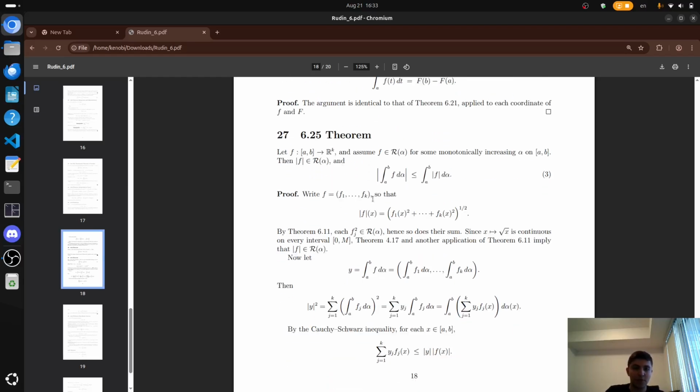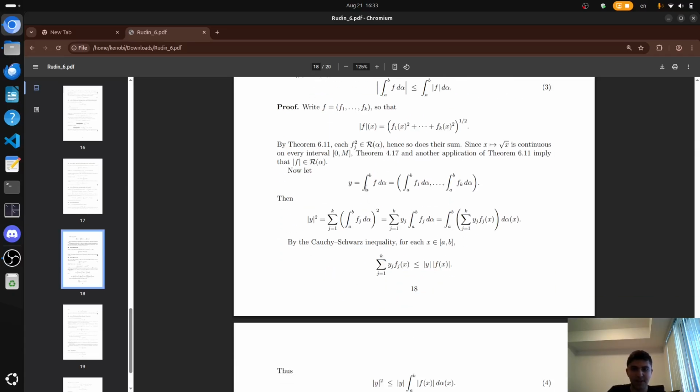Now, when we want to prove that this is less than or equal to this thing, all we do is we say that y is equal to the integral of f without the absolute values. Now we take the dot product of y with itself, which gives you the norm of y squared. So it's going to be the sum of the components, which are the integrals, squared.